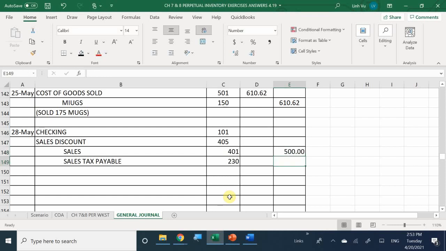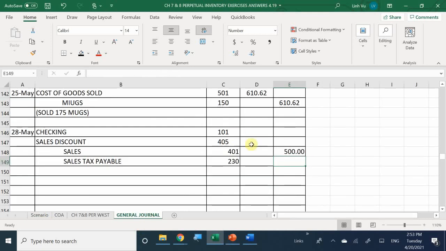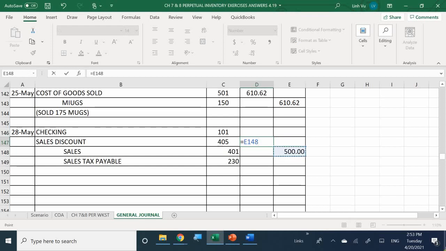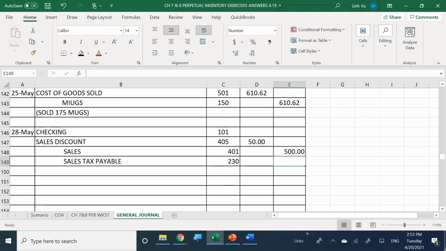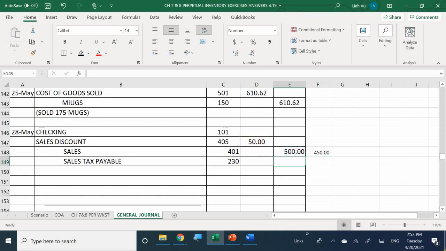But because I gave him a 10% discount, how much am I really charging? $450. The discount is 50. So in reality I am charging the 450. So how much tax am I supposed to be collecting?